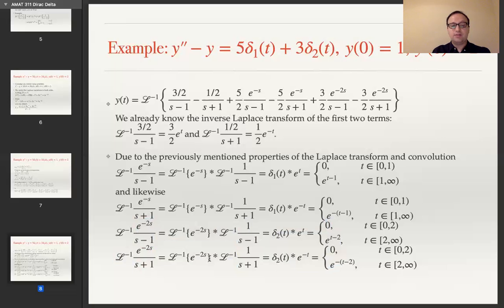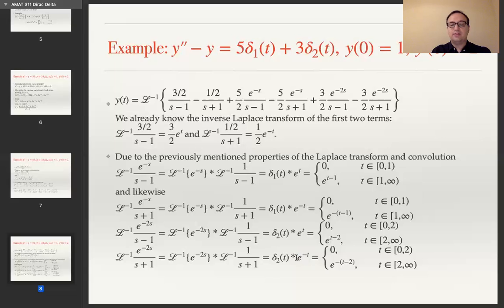The inverse Laplace transform of e to the minus 2s is the Dirac delta at 2, and the inverse Laplace transform of 1 over s plus 1 is e to the minus t. So the convolution of delta sub 2 and e to the minus t is e to the minus t translated to the right by 2.